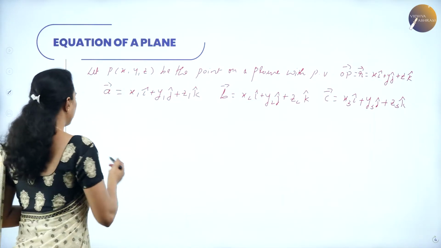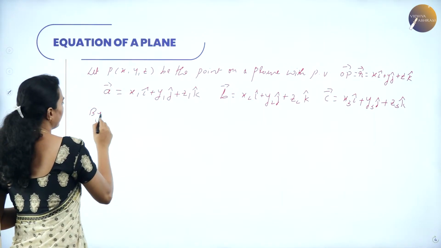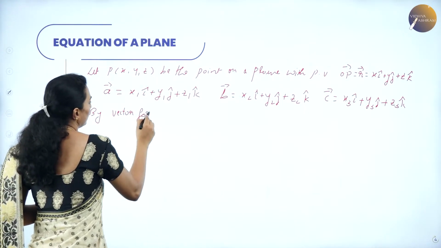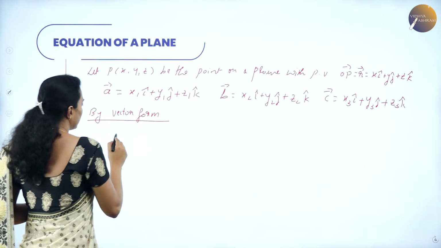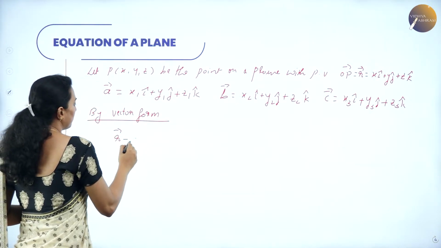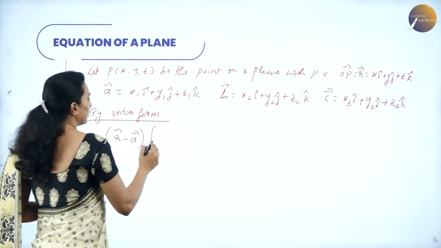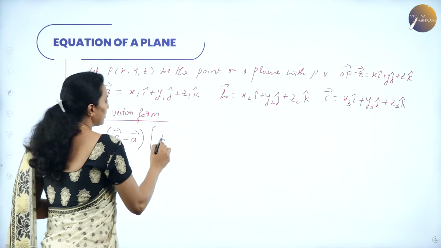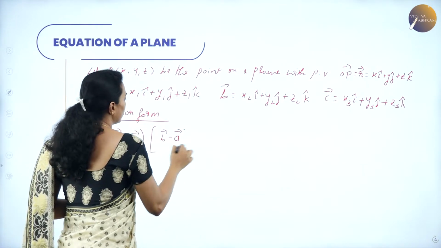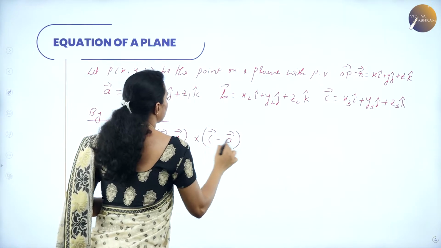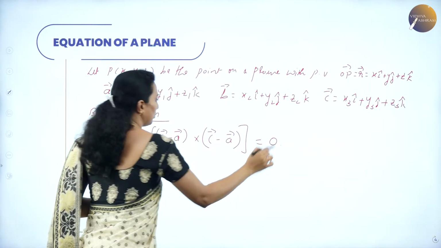What is the vector form? By vector form, we know that R vector minus A vector dot B vector minus A vector cross C vector minus A vector is equal to 0.